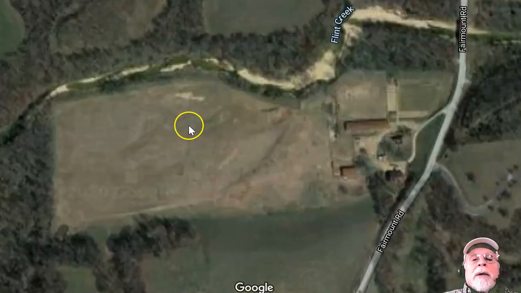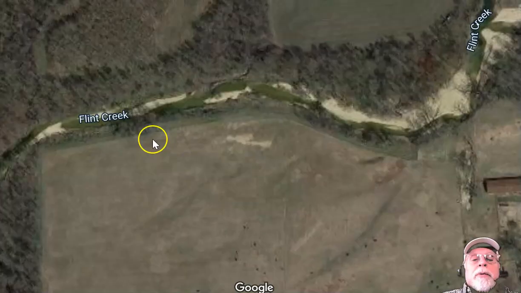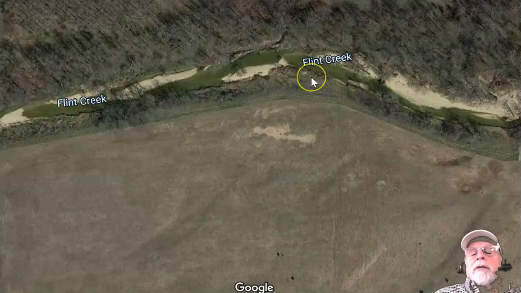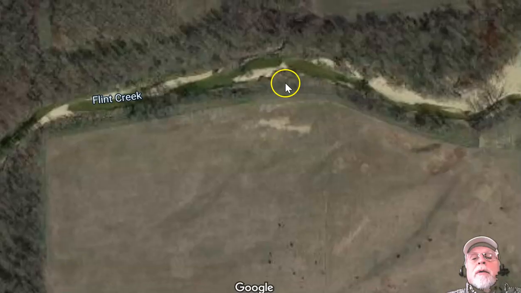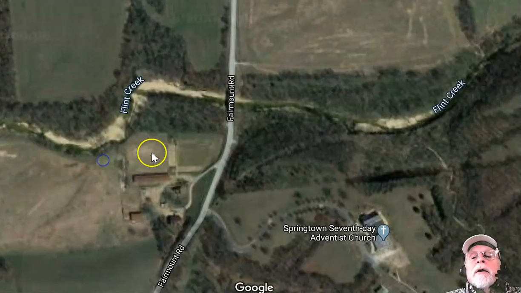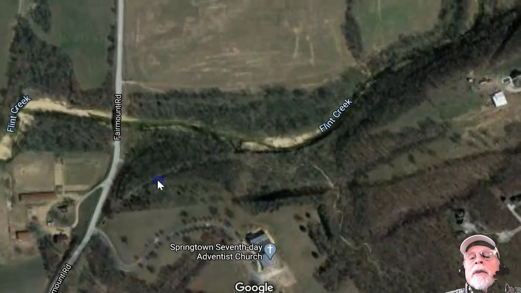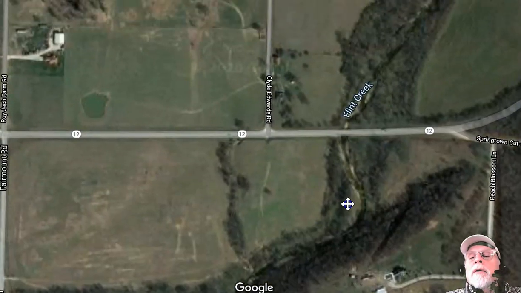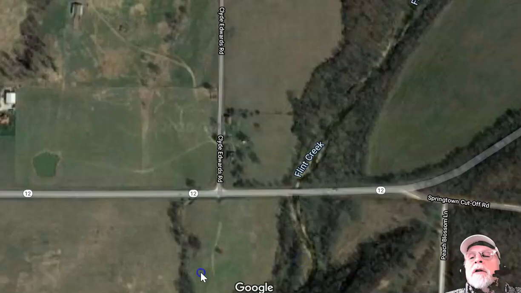So this one here, for example, is getting pretty close to the creek, and you can see they've cleared some trees on this side, so they might be required or encouraged to make a buffer there. Also, if cattle get in a stream, they can mess it up too. So one of the BMPs is to protect the riparian area from the cattle.